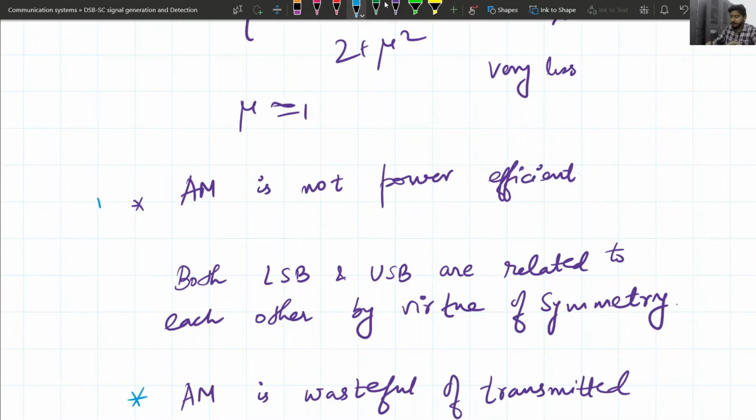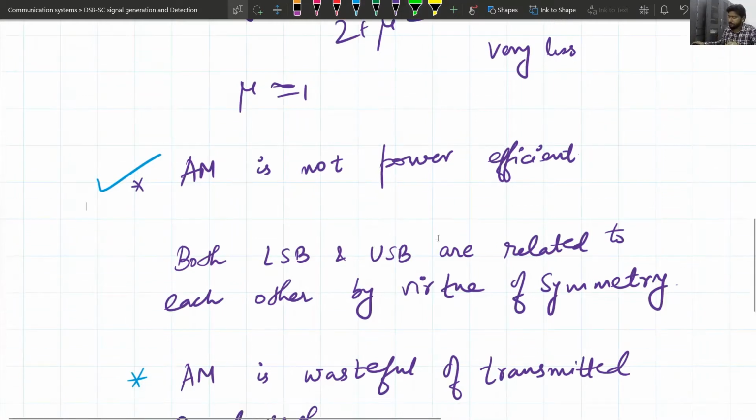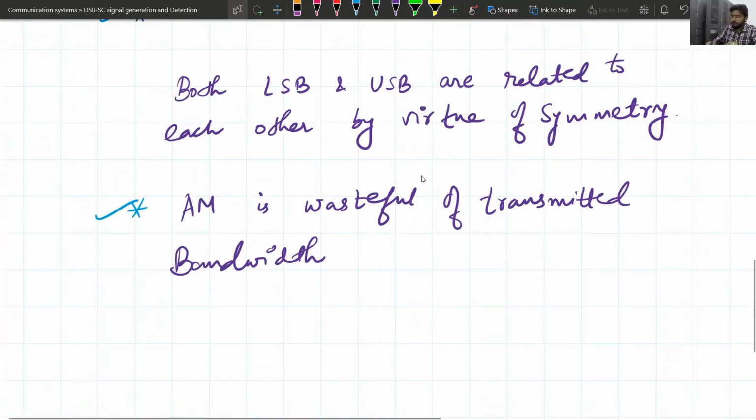Hence, these are the limitations. First, the amplitude modulated wave is not power efficient, and second, it is wasteful of transmitted bandwidth.